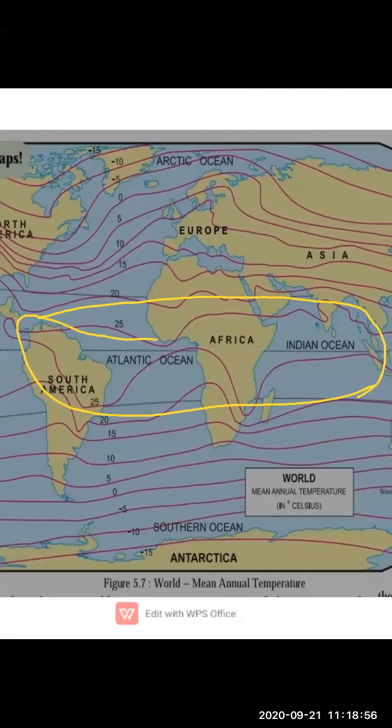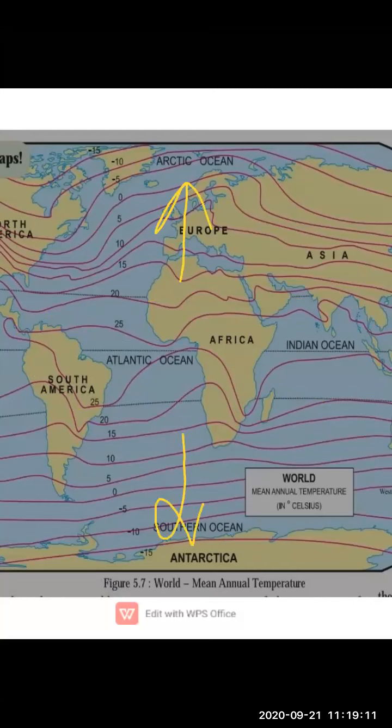The north-south spread of this ellipse is greater on the continents as compared to the oceans. See children, what I'm telling you right now, the north-south spread of this ellipse is greater on the continents. It is covering the area of continents more as compared to the oceans.